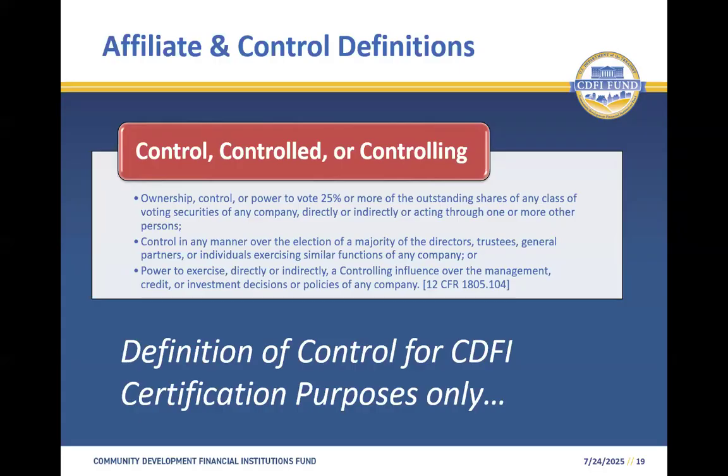There are other CDFI Fund funding programs, perhaps, that might be less related to the CDFI certification that might have different definitions of this controlling relationship that make 2 entities relevant affiliates for that particular program. So when applying for CDFI certification, or seeking to maintain CDFI certification, we are looking at this specific definition of control as it relates to whether or not 2 entities would be considered affiliates.